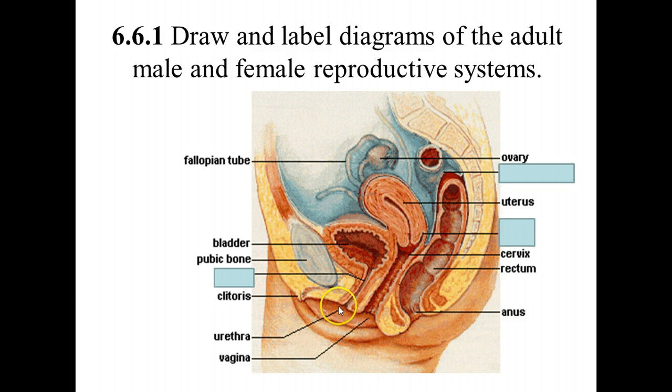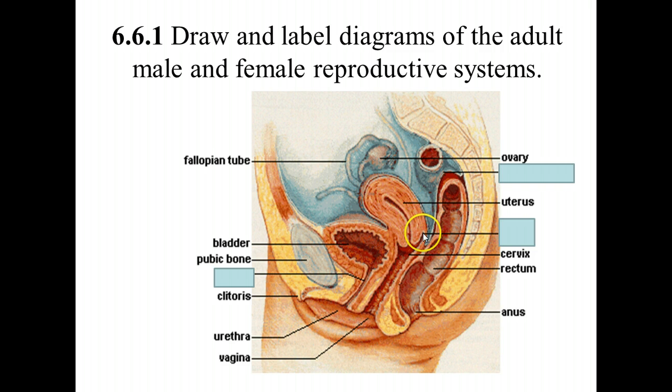Here are the terms that you need to know. We'll start at the start of all this process, I guess. We'll start here at the ovary. Here's one ovary. Women have two ovaries. Here's a fallopian tube that leads to the uterus.